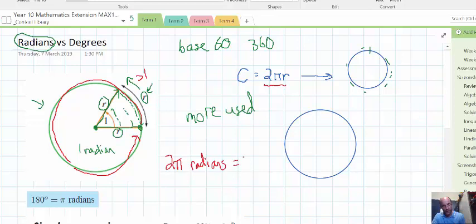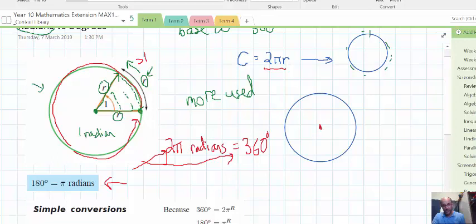So 2 pi radians is the same as 360 degrees. A lot of people base all of their work when converting between radians and degrees on this one here. 180 degrees is pi radians, because it's just halving both quantities. That's very important, so make sure you take a note of that.